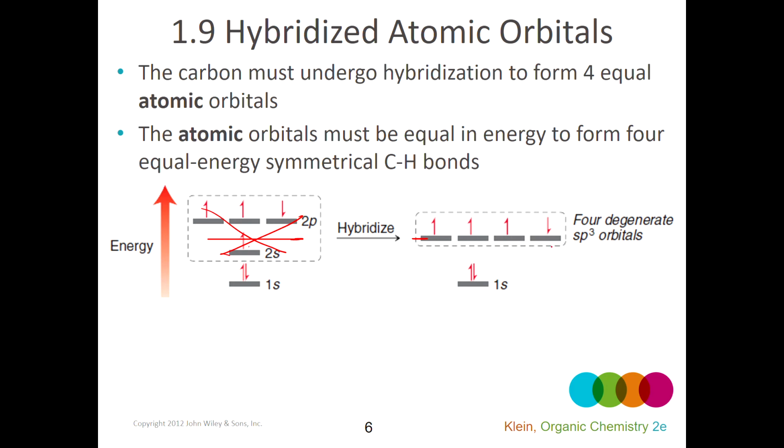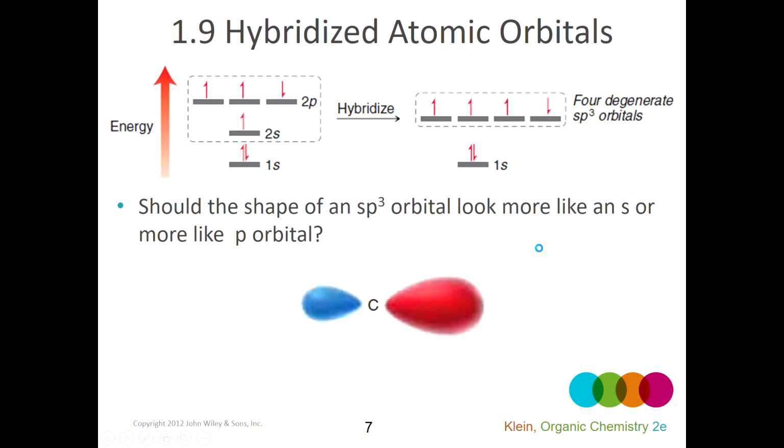The shapes of these orbitals are also a mixture of both p and s character. We call them sp3 because we mixed in one s orbital, producing that s, and we mixed in three p orbitals, giving us the p3. So one s mixed with three p's, starting with four orbitals, creating four orbitals. It gives me four equivalent orbitals, which is exactly what I need to make methane and other organic compounds.